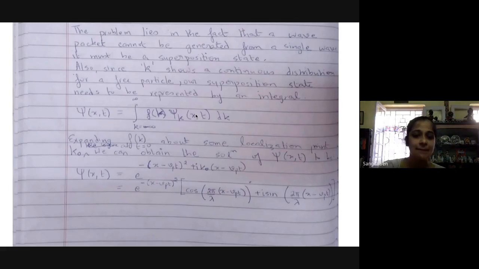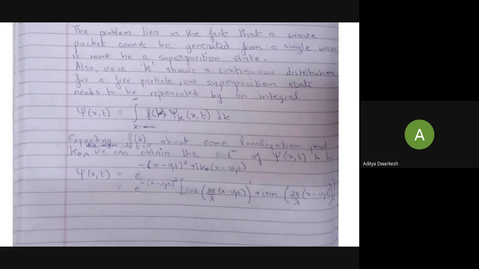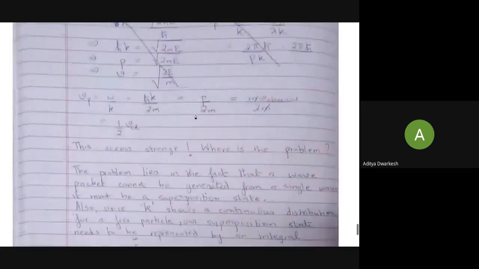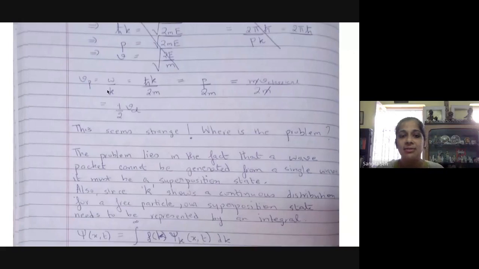Ma'am, how did we get omega by k is equal to h cross k by 2m? How did we get this? Okay, just one second. Omega is basically from the wavelength. Omega is 2 pi by lambda, and then lambda is written in terms of the wave constant.